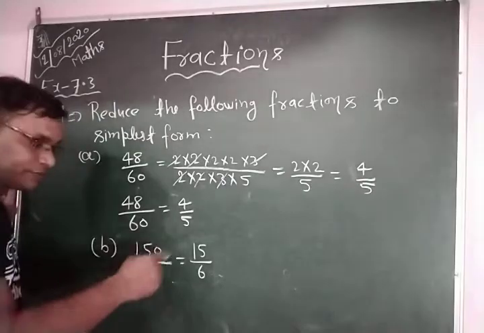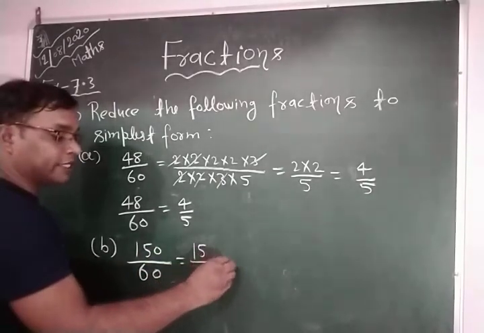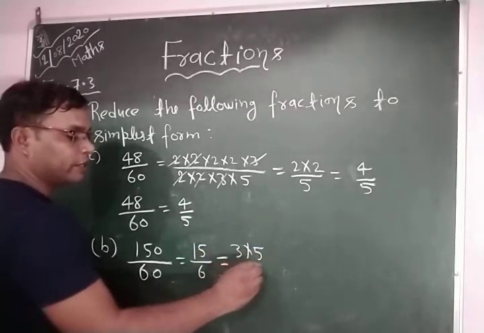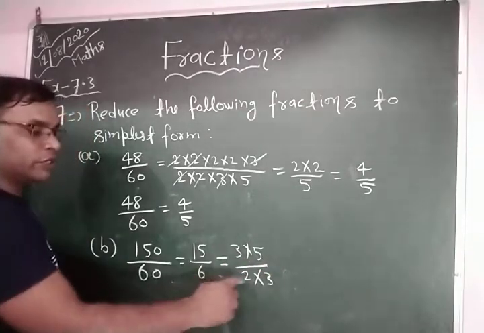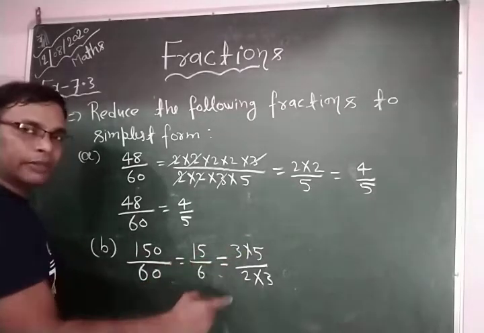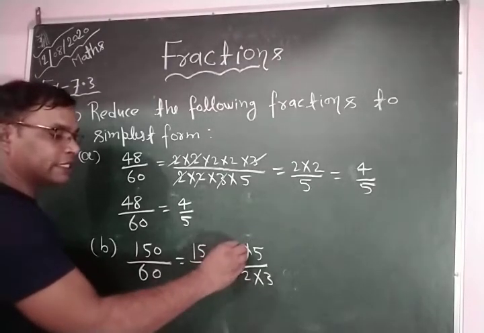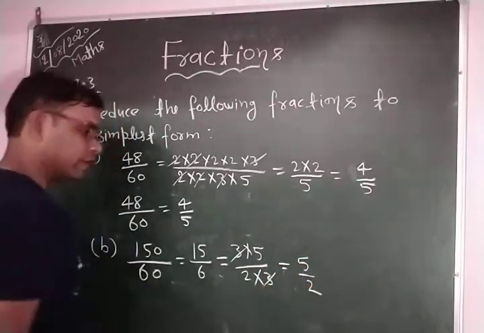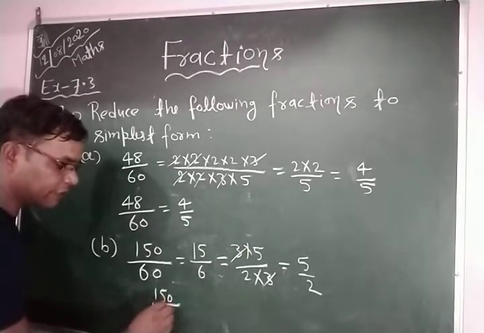But 15 is not a prime number and 6 is also not a prime number, so we break them into prime factors. 15 is 3 into 5, and 6 is 2 into 3. You can see that 3 is common between numerator and denominator. Then we cancel 3, and we obtain 5 by 2. So the simplest form of 150 by 60 is equal to 5 by 2.